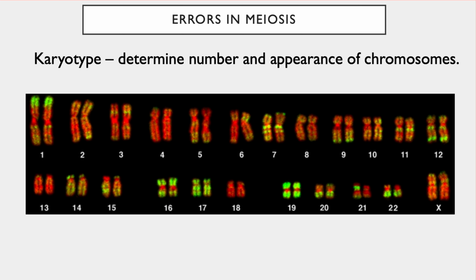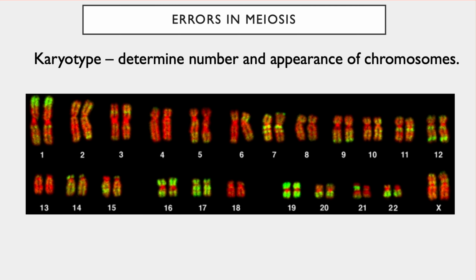And what we can do is match them for the homologous pairs and determine if we have the correct number of chromosomes or if we have a missing or extra chromosome. And we can even look to see if we have extra parts within a particular chromosome, something like that. So we have lots of ways to look to see if there are genetic disorders through this process called karyotyping.